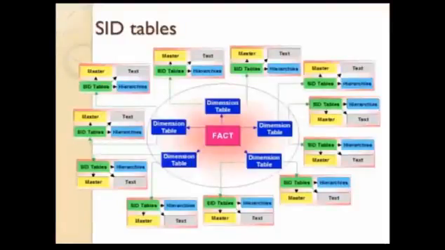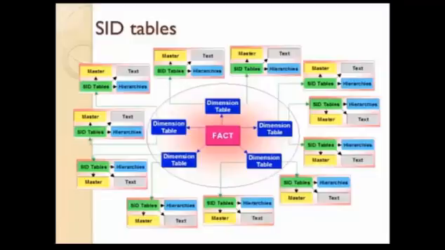You see that again in the middle we have an Infocube, one fact table connected to several dimension tables, right? And then from the dimension table, you have a connection with an SID table.